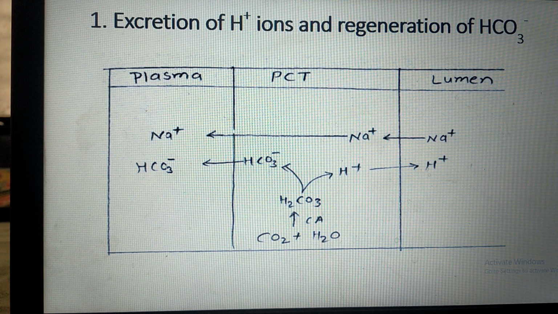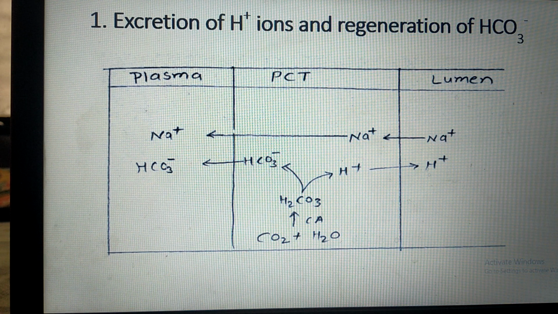When H plus ion enters into the lumen, to maintain the electrical neutrality, the sodium ion with the same charge, which is filtered into the lumen through the glomerulus or through the Bowman's capsule, is reabsorbed by PCT.